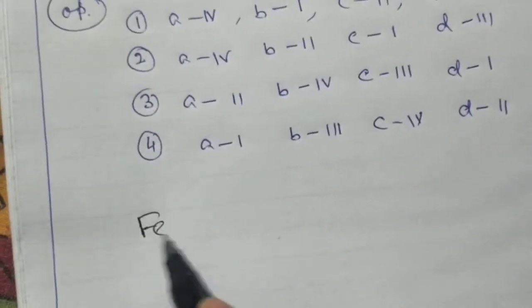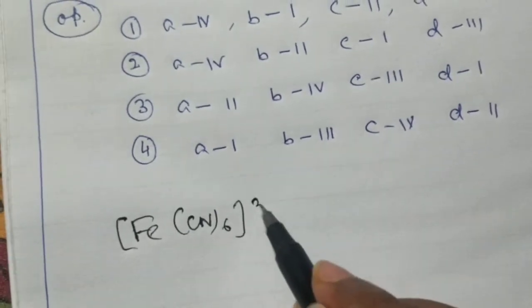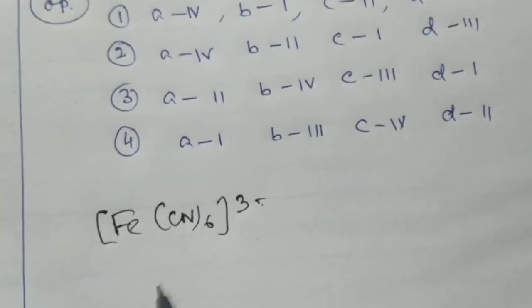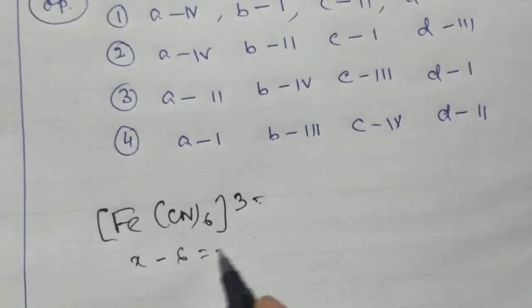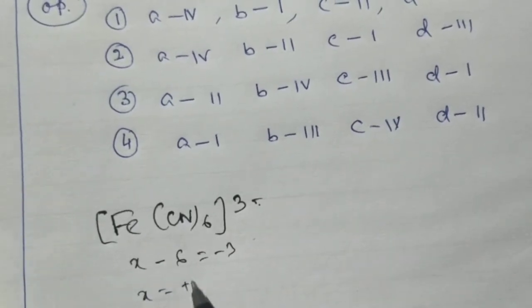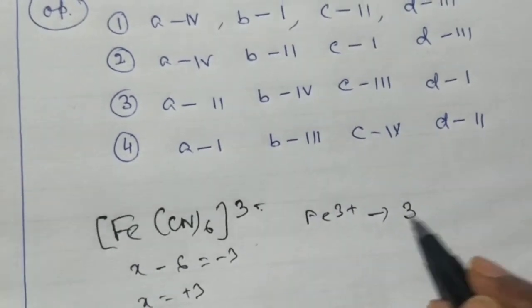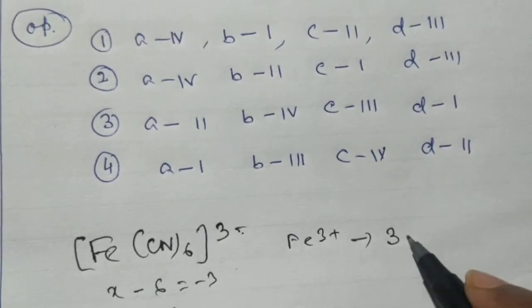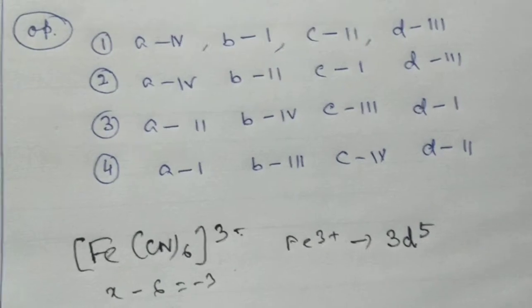In the first compound, Fe(CN)6 3 minus. Oxidation state is x minus 6 is equal to minus 3, x is equal to plus 3. Fe3+ has 3d5 configuration.